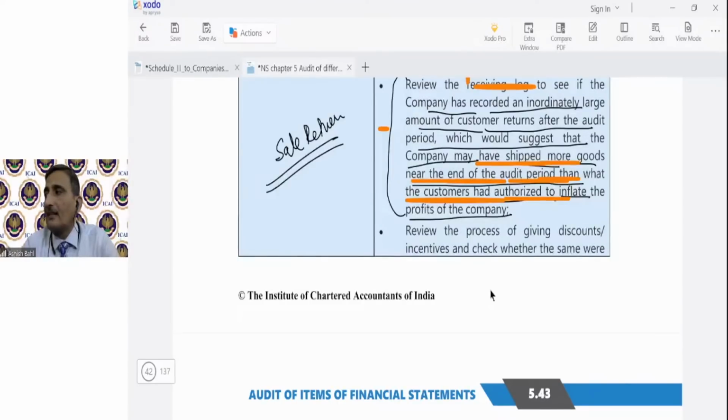Rahul, you are asking, do we have to remember all these steps in sequence? No, Rahul, it is not necessary.